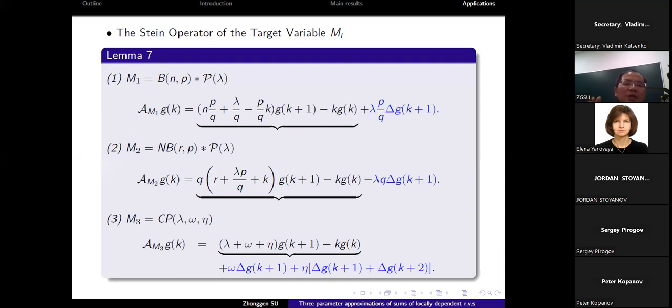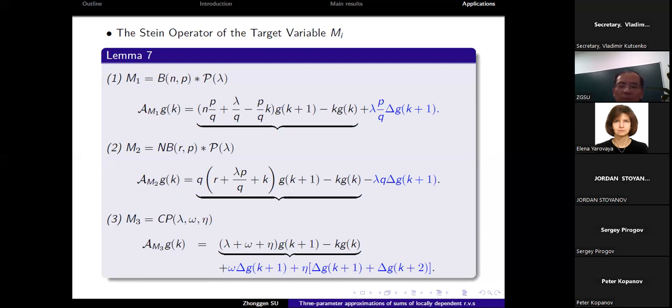Now, let's give the Stein operator for our target variable M_i. As you know, M_i is specifically defined as above, so it is possible to write explicitly the Stein operator for each M_i.